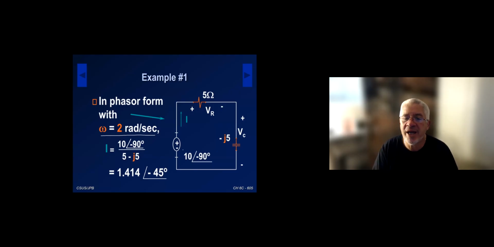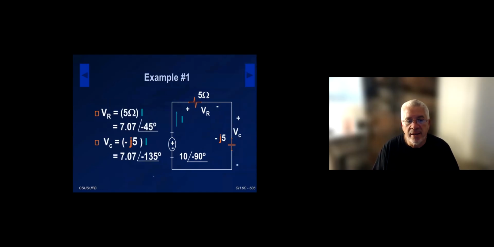Okay. Once I do that, I can calculate the current for this circuit by taking the voltage divided by the sum of the impedances. In this case, I find that the current is 1.414 at an angle of minus 45.